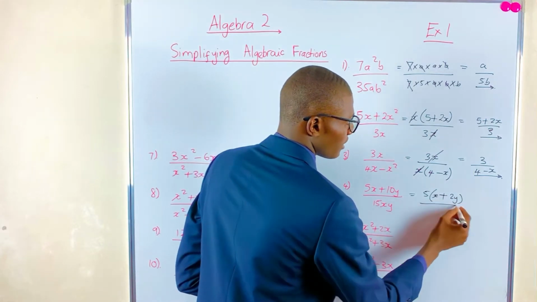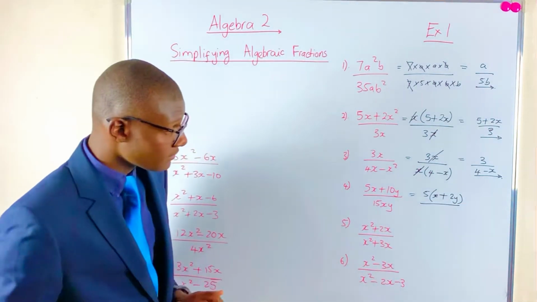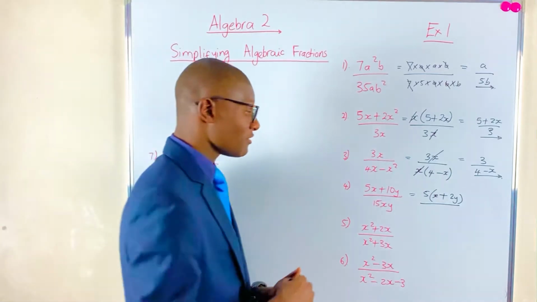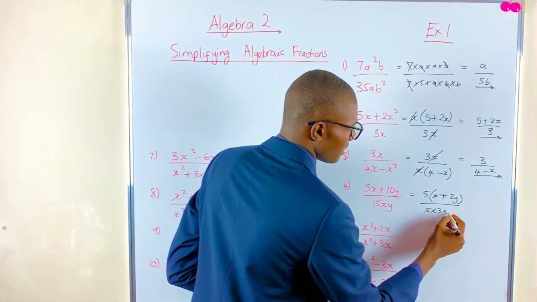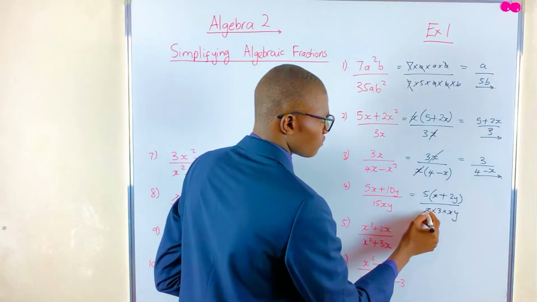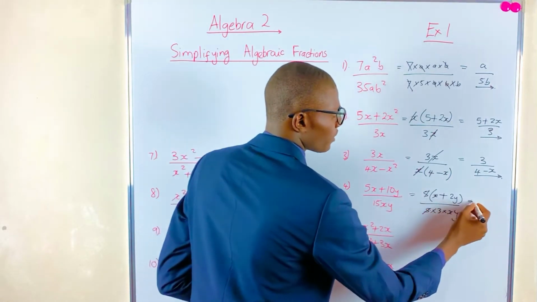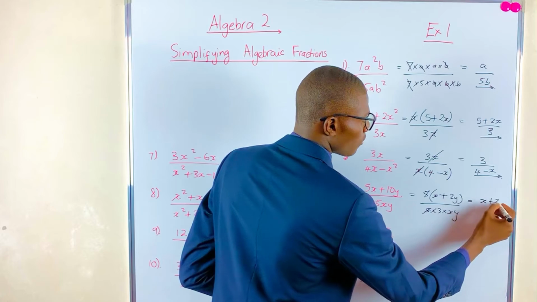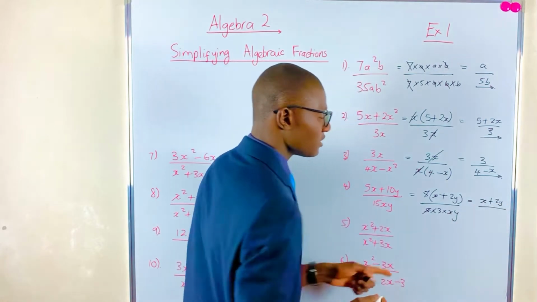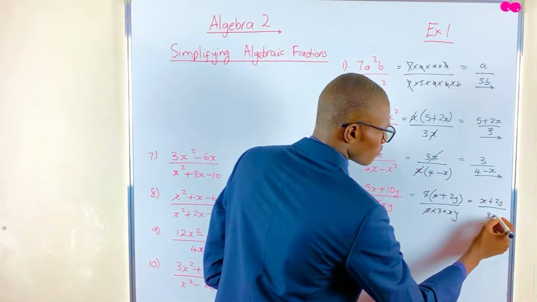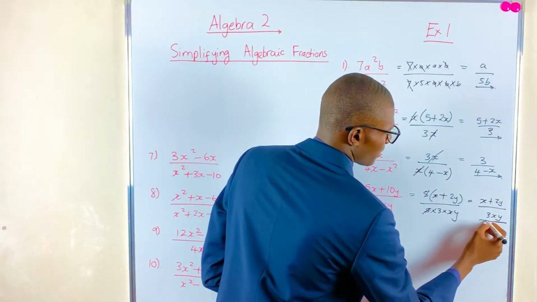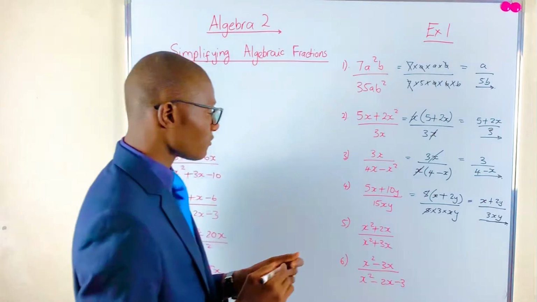Then that result would be over 15xy, 15 being 5 times 3. So 5 times 3 times xy. So 5 and 5 will cancel. And then you get x plus 2y over the denominator being 3xy. So that's what you get for number 4.